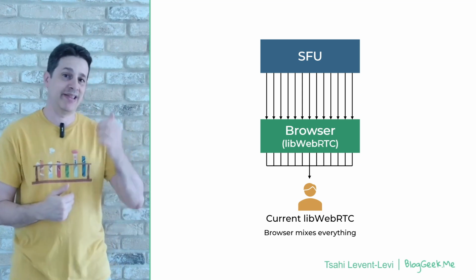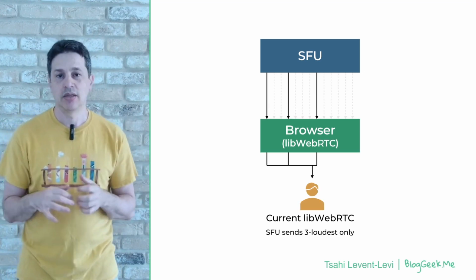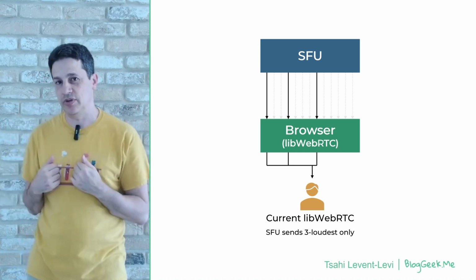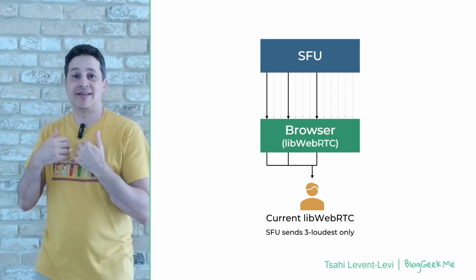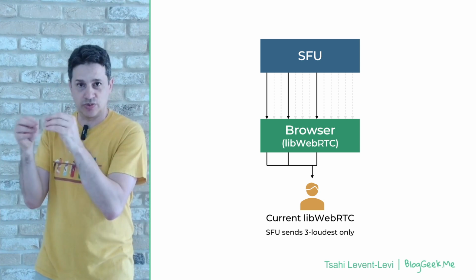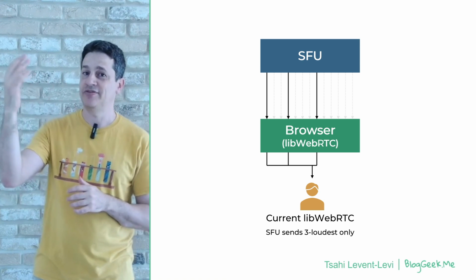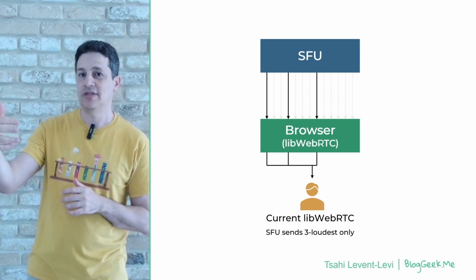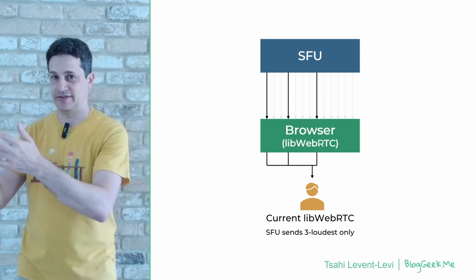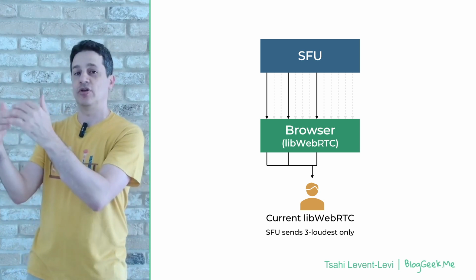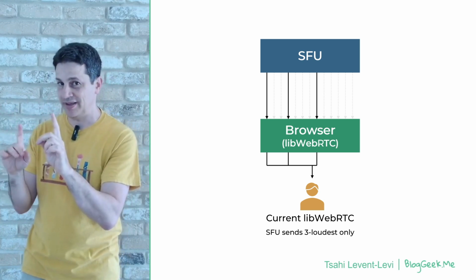What we should have done in the past, and definitely today, is not to send too many audio streams to the user. So instead of having the device pick and choose which ones to mix, you need to do it on the server side. The SFU, the media server, needs to look at the incoming streams that it receives. It needs to then look at the volume levels in them without decoding the packets.